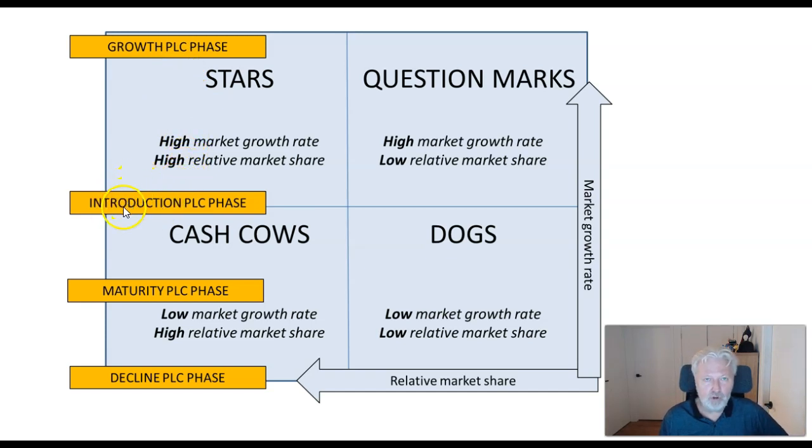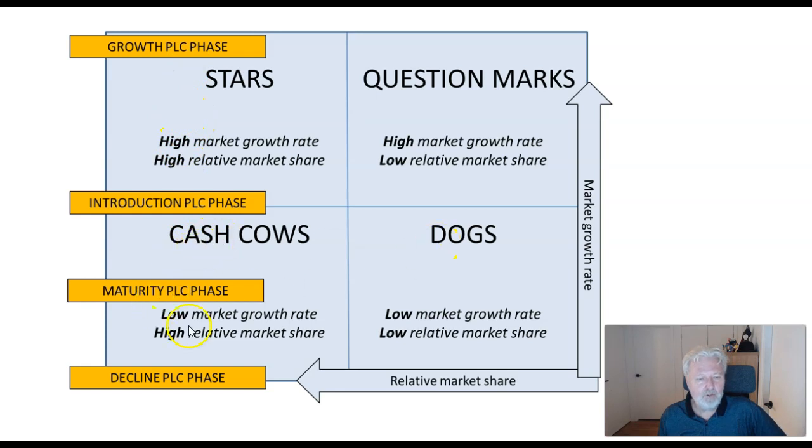Then I've got the introduction phase. Now introduction is growing, ramping up 5, 10, 20% a year, and then eventually it accelerates into the high growth phase. So that's still quite positive. So it's in the star category, in the question mark category, probably at the lower end of the boxes.